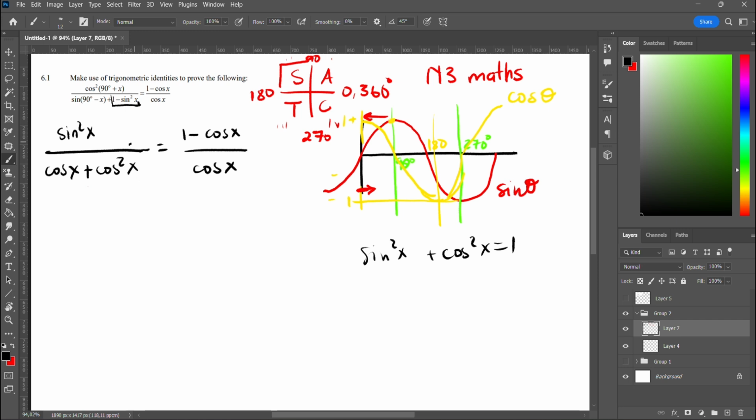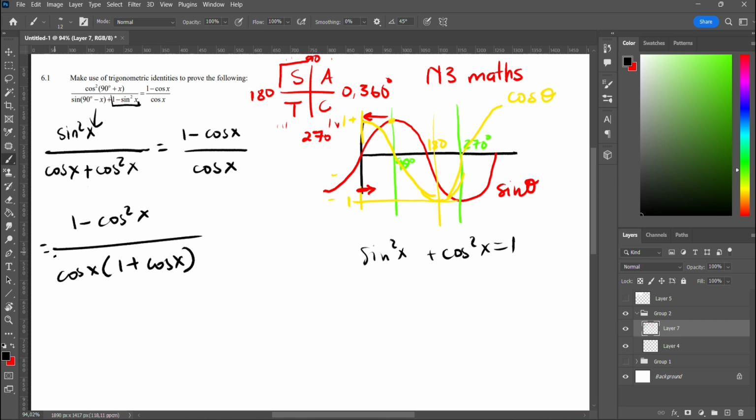Pretty nice. We're in a good place. So we have this equaling this. Now we can do any side, but let's just choose this. So what do we know about that? 1 minus cos squared x over, if I take out cos x, I'm left with 1 plus cos x.